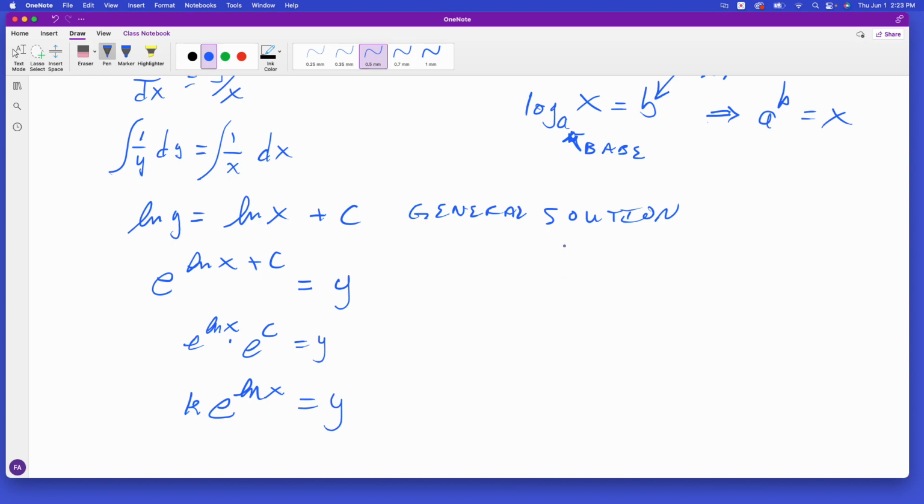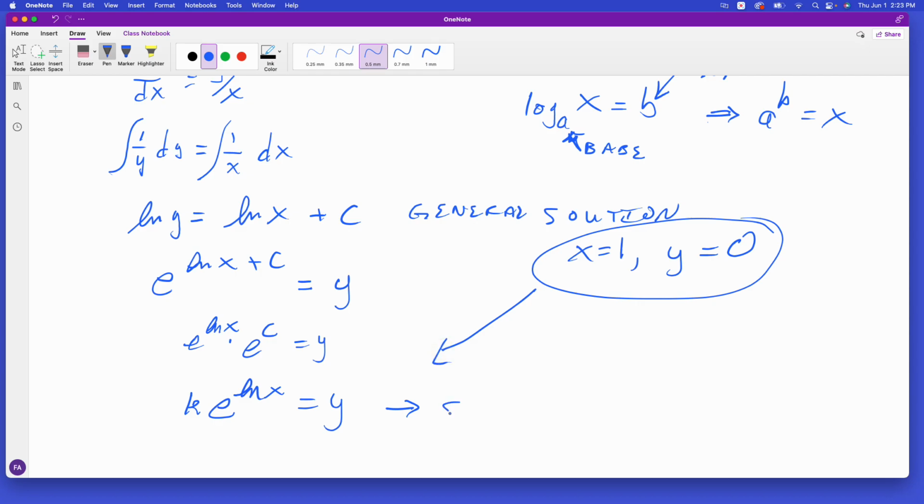But one thing we could do is we could say, well, when x equals 1, y is equal to 0 or some other value. And then we'd plug in those values there, and it would tell us everything we would need to know about how the behavior between these two things interacts to give us a particular solution, right? So we take these values, we plug them in, and that would give us a particular solution.